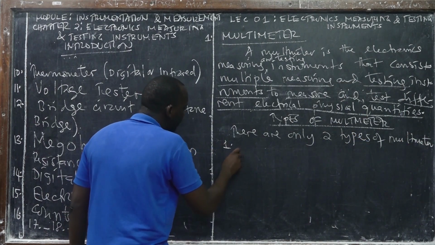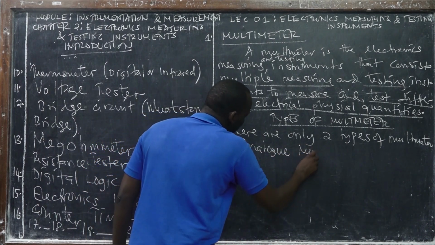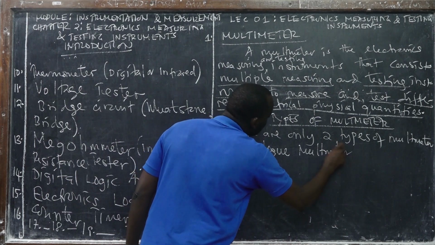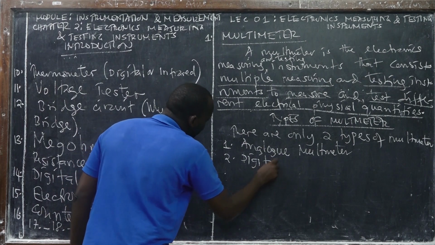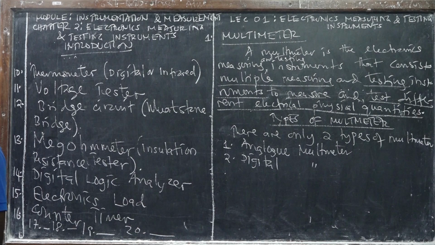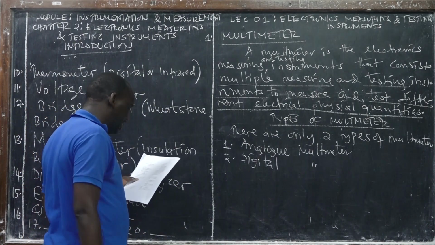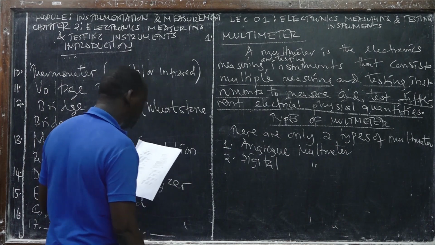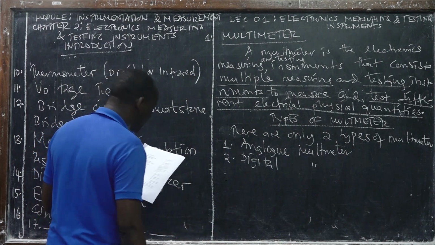The first one is called the analog multimeter, and the second one is called the digital multimeter. So you have analog multimeter and digital multimeter. What is the difference? We discussed it and I showed you, but let us just write it in short.